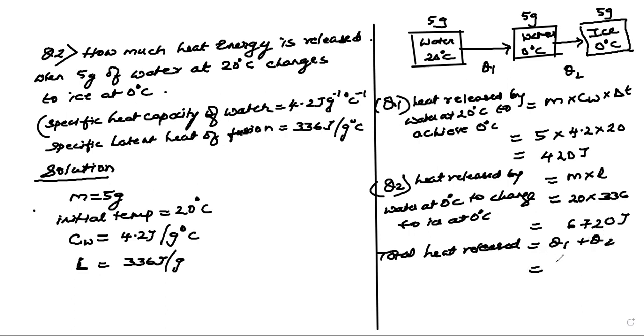Q1 was only 420 joules, but this one is 6720, so I will add both: 7,140 joules. Okay, this is the answer of this question. A very simple question, children. We move on to the third question now.